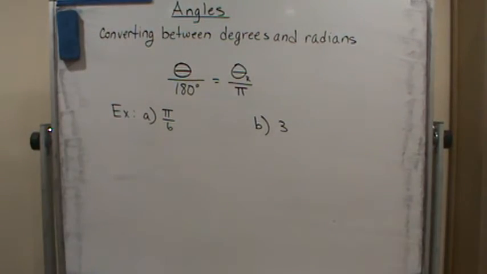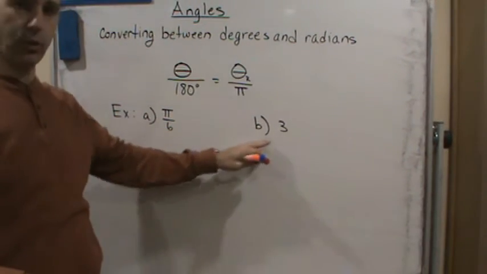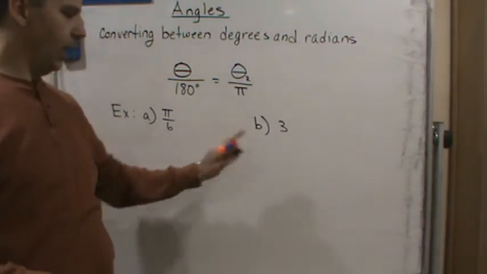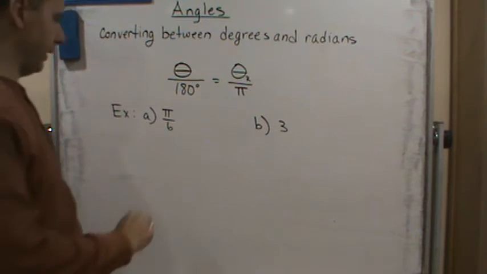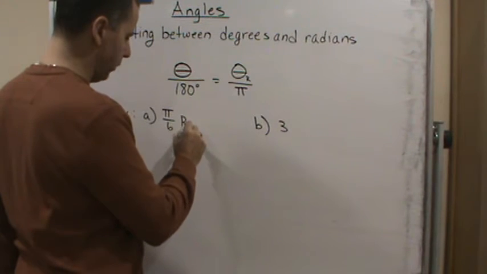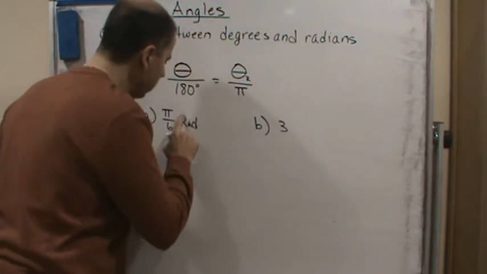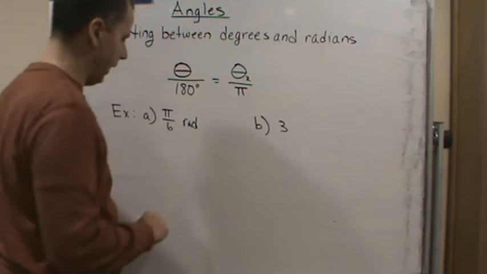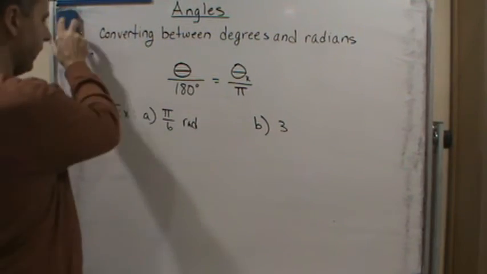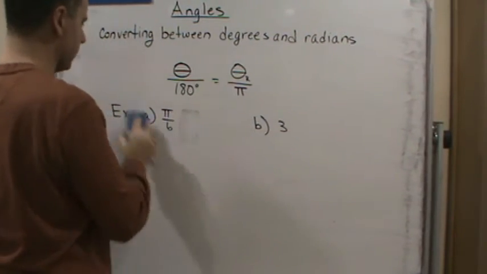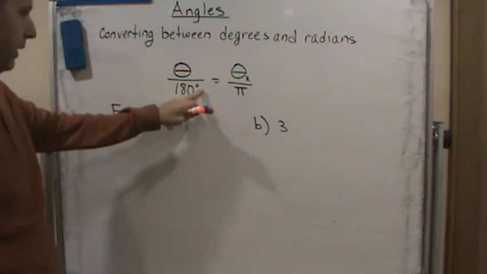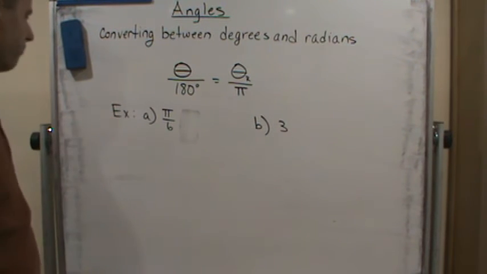Usually if these are central angles and there's no units, it's assumed to be radians. If you put it, it would be RAD, which is short for radians, but if it's not written, it's assumed to be radians, because if it was degrees, we'd have the degree symbol.